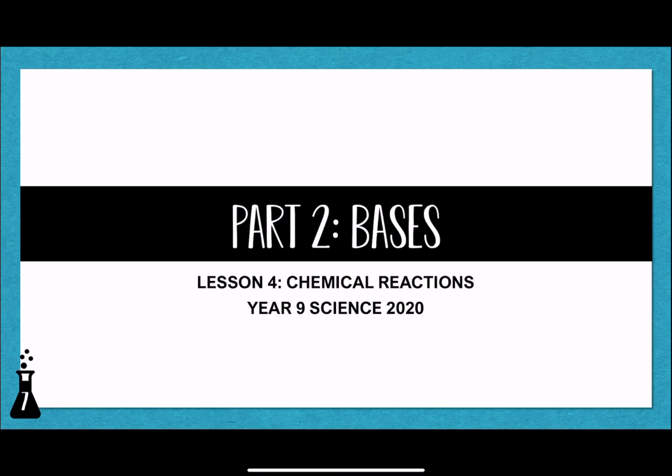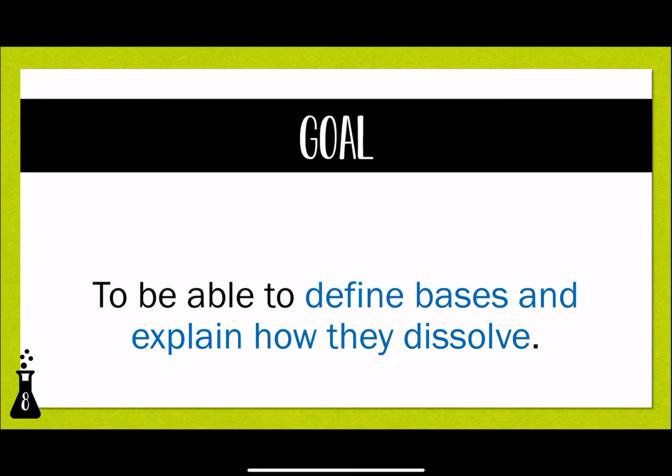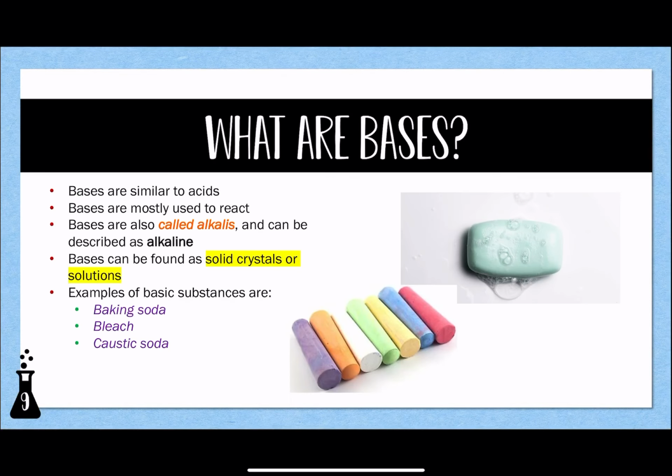So that was acids. Now we're going to talk about bases, and you can kind of think of bases as the opposite to acids. So by the end of this, I want you to be able to define bases and explain how they dissolve. So bases, they are similar to acids in a way.